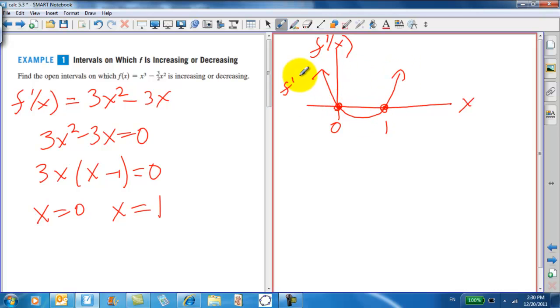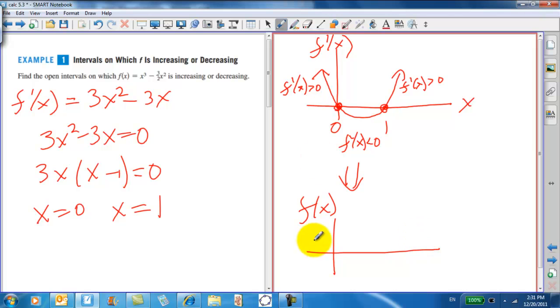So here the derivative is greater than 0 in this interval. It's less than 0 in between. It's greater than 0 in this interval. And in between 0 and 1, the derivative is less than 0. That means that the original function is going to be increasing, then decreasing, then increasing.